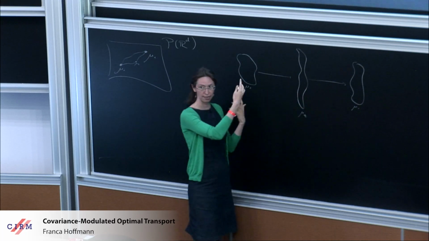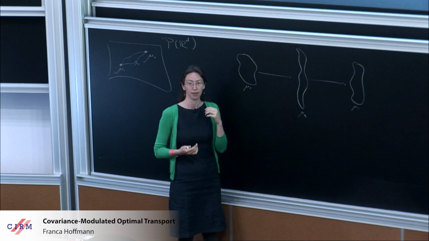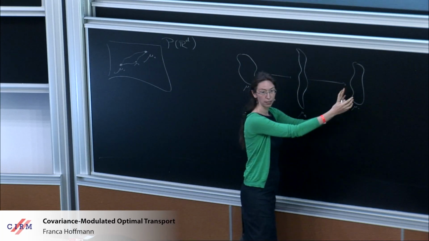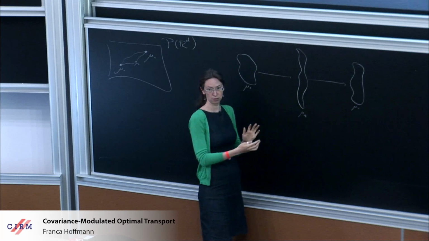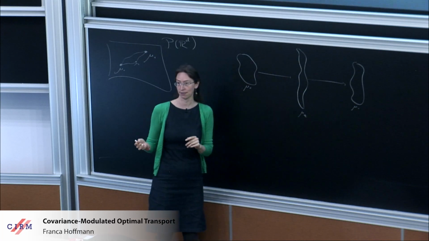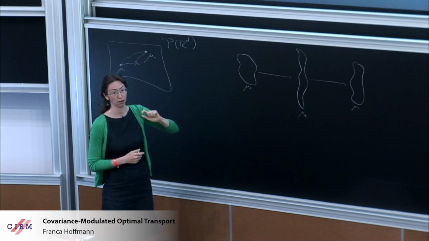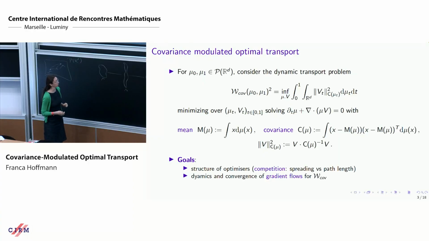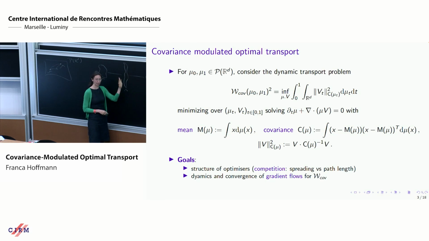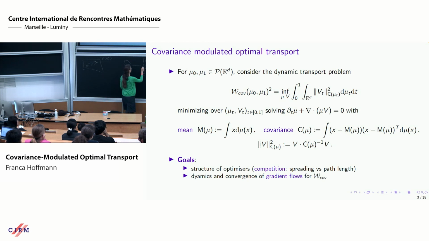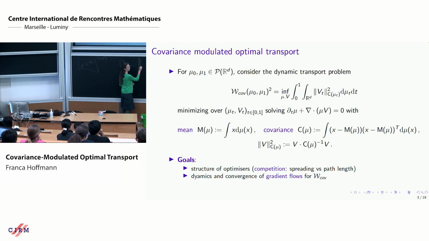And if you think of this in terms of moving particles, you can also ask, okay, each of the particles that make up this mu0, if mu1 is also made up of particles, how are the particles transported? And for the Wasserstein distance, this is very well understood now. Now, if we're weighting with this covariance, what this essentially means is, for example, if I look at this mu_t and I compute the covariance at mu_t, then in this direction, the eigenvalues are a lot larger than in this direction, right?